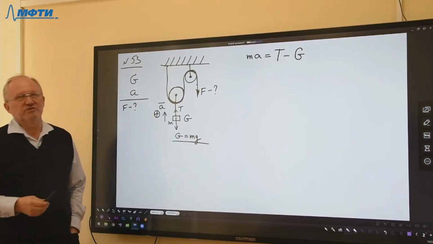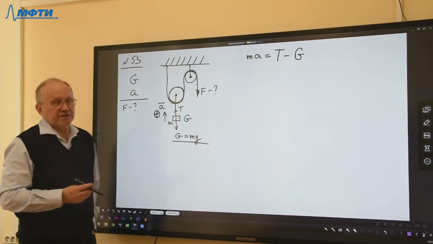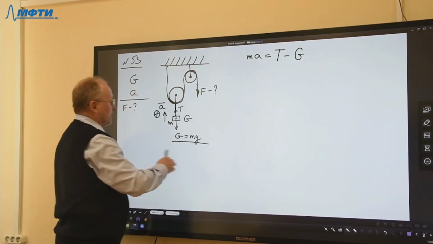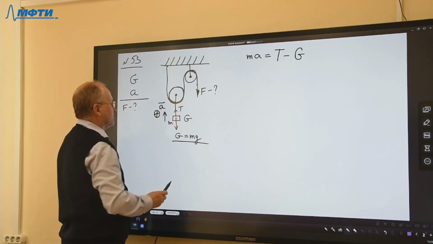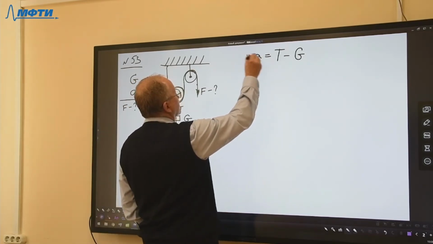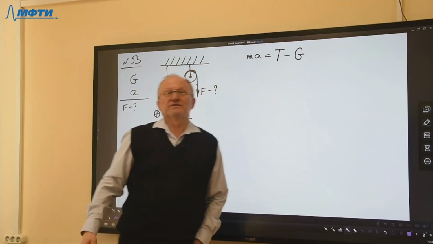We can certainly assume a different direction to be positive. Then all the vectors directed downward would be positive, and all the vectors directed upward would be negative. Minus sign will be here, and minus sign here, and here will be plus sign. Nothing will change. The same equation.